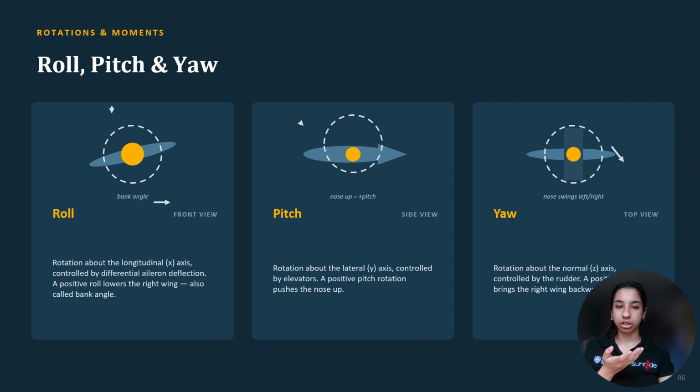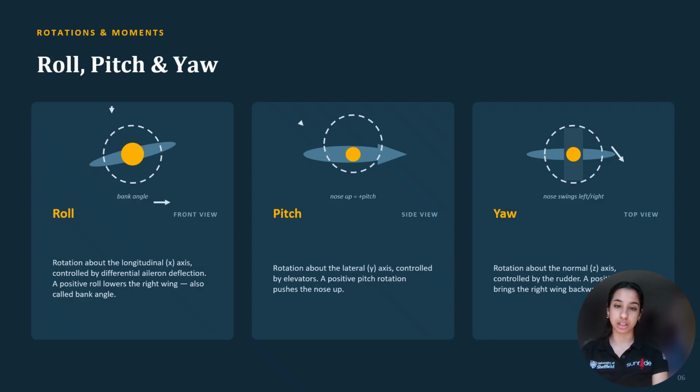So pitch is rotation about the lateral y-axis. The y-axis was the one that goes towards the right wing. Let me show you, like this. So it is going in reference to that axis and is controlled by the elevators.